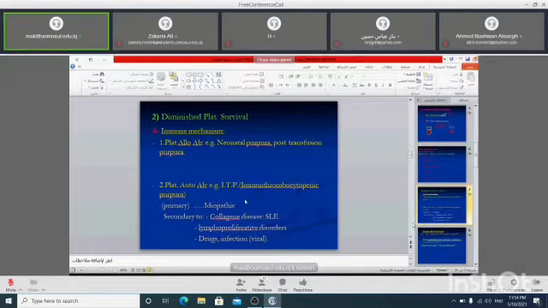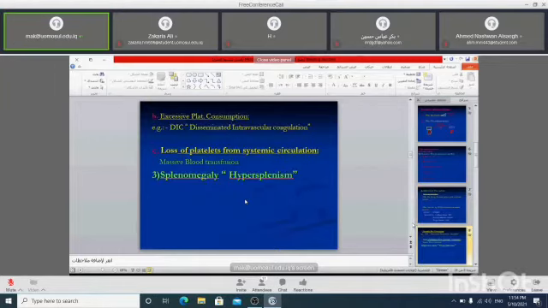So the causes of thrombocytopenia are failure of production from the bone marrow, or decreased survival or damage to the platelets as a result of an immune process, or there is excessive platelet consumption.